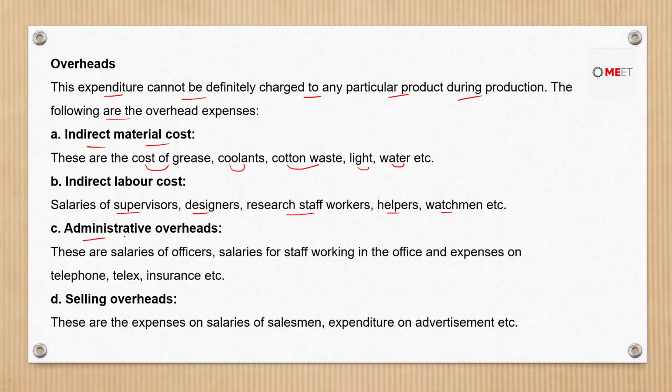Next is administrative overheads. The salaries of the officers, salaries of the working staff in the office, and the expenses related to telephone, telex, insurance. Next is selling overheads. Selling overheads are the expenses due to the salaries of salesmen, and the expenses on advertisement or marketing.